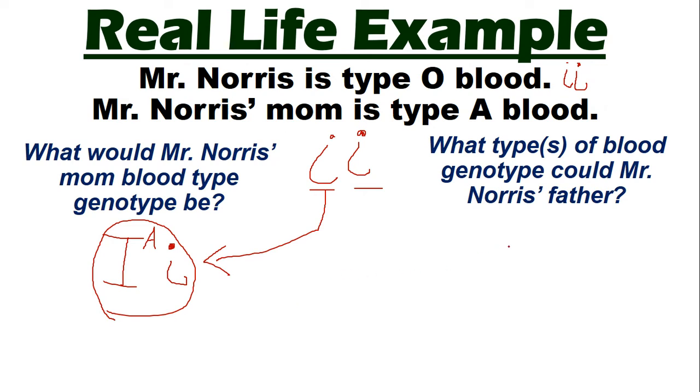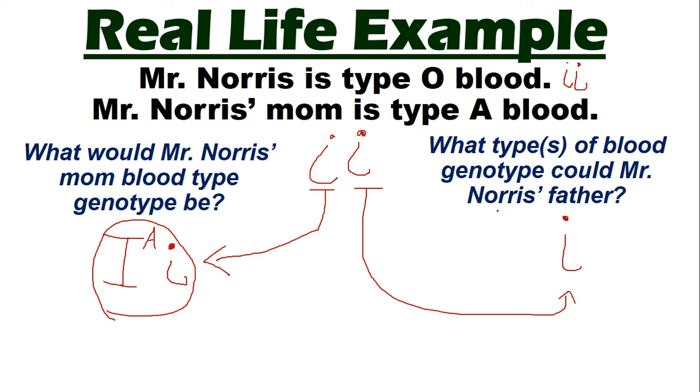All right. Now let's talk about my father. I don't know much about my father, so let's see what could happen. What type or types of blood type could Mr. Norris's father be? Well, we know that this i comes over from him. So this i would have to come from him. Now, how many genotypes had a lowercase i in them?